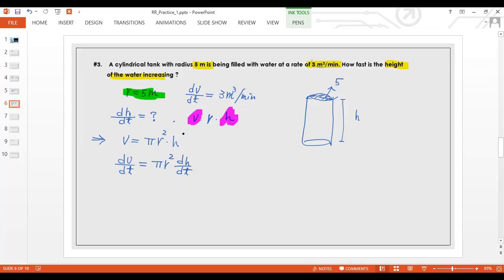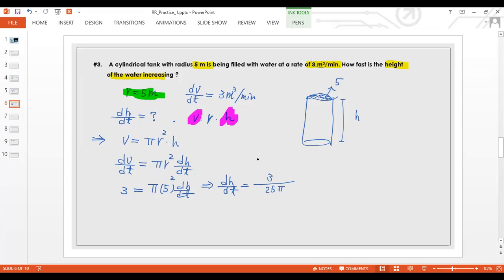I'm looking for dh/dt, so now I can plug in all the values I have. 3 is equal to pi r squared, so pi times 5 squared, times dh/dt. I can simplify, and this becomes pretty easy. So dh/dt is just equal to 3 over 25 pi.